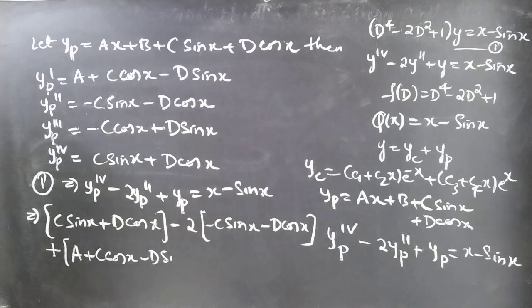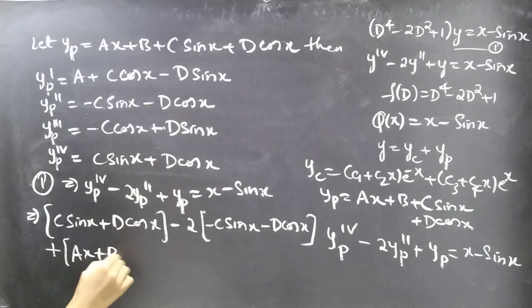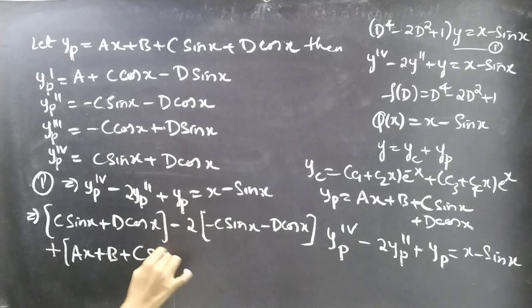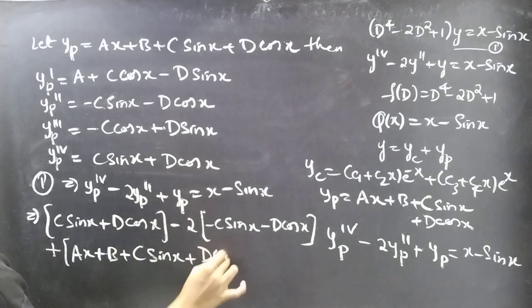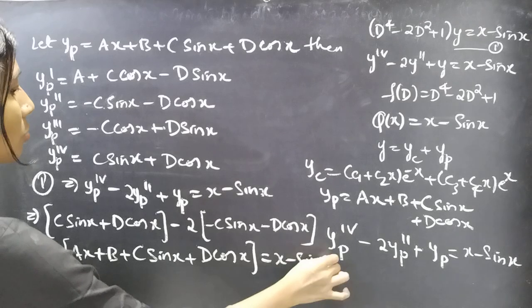It's yp, right? I'm writing yp dash here, sorry. Yp is ax plus b plus c sin x plus d cos x, equal to x minus sin x. Now simplify it.